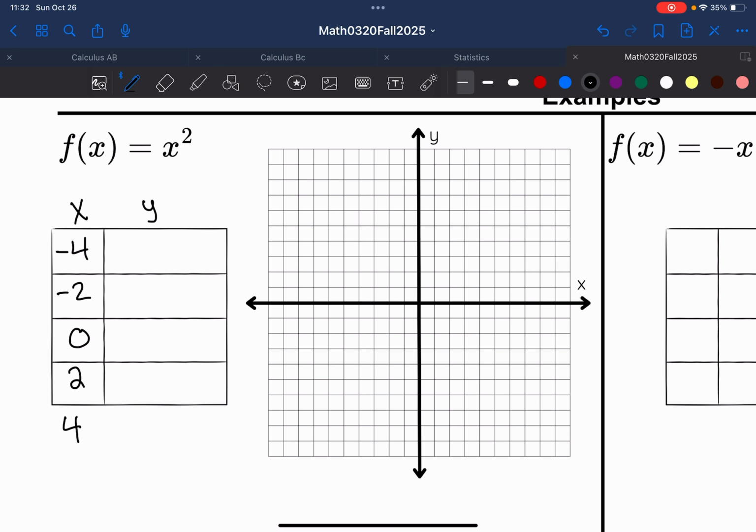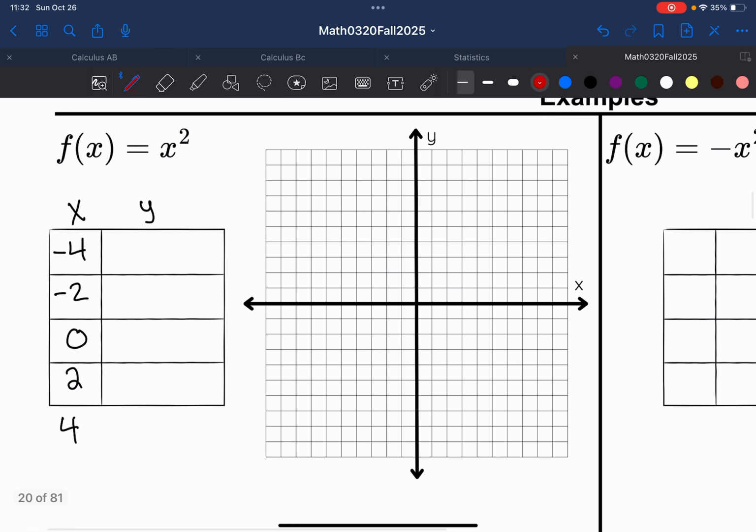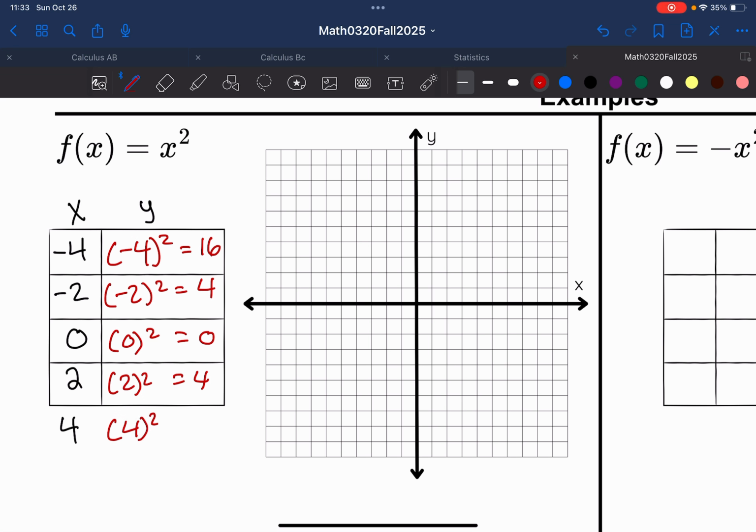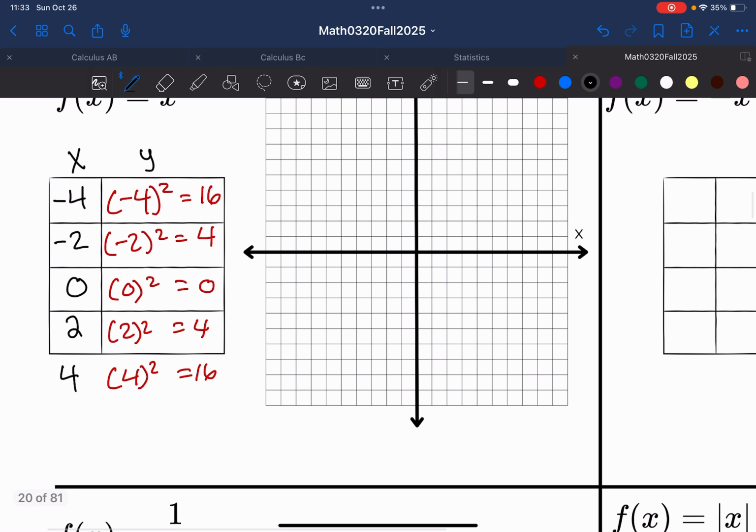In order to find the corresponding y value, I'm going to plug these x values into x squared. So I get -4 squared, which is 16, -2 squared, which is 4, 0 squared, which is 0, 2 squared, which is 4, and 4 squared, which is 16.